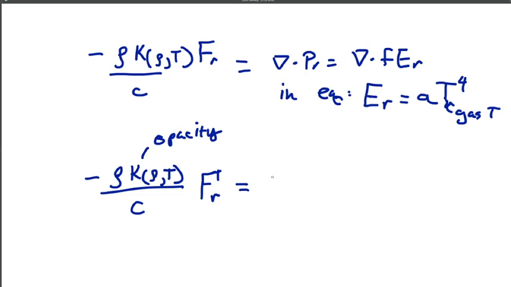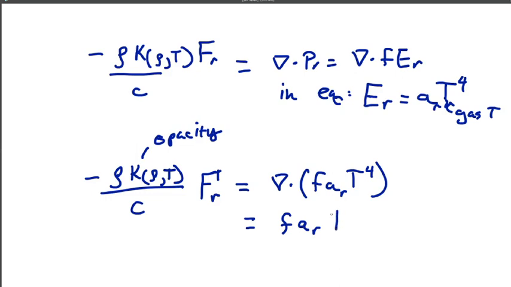We start with divergence of f a T to the fourth, which is equal to, pulling out f and a sub r, the radiation constant, which we'll come back to later, f a sub r times, pulling out a temperature T cubed and a factor of 4 out front, and then the divergence contracts on the T and the identity tensor, and we have a grad T.